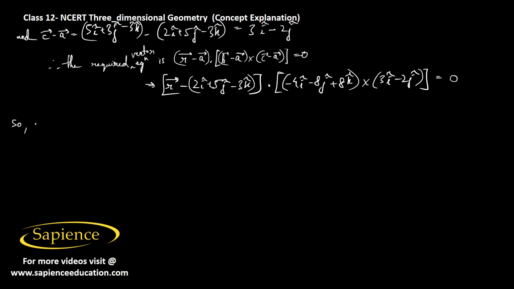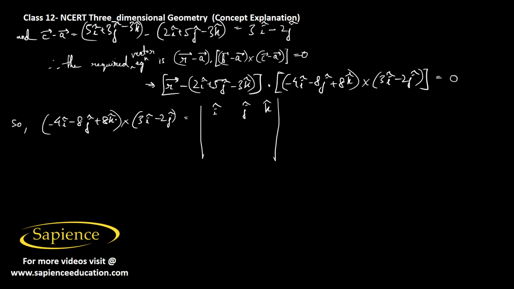So now we need to find the cross product of minus 4i cap minus 8j cap plus 8k cap cross 3i cap minus 2j cap. So that would be equal to the determinant of i j k, and then we write the components of b minus a vector, which is minus 4, minus 8, plus 8, and then the components of c vector minus a vector, which is 3, minus 2 and 0.